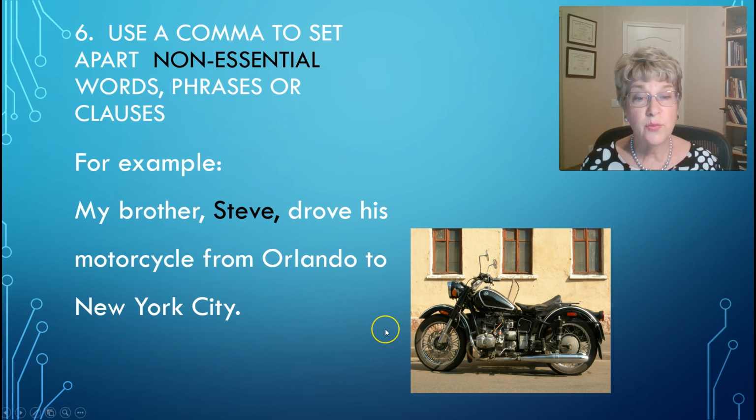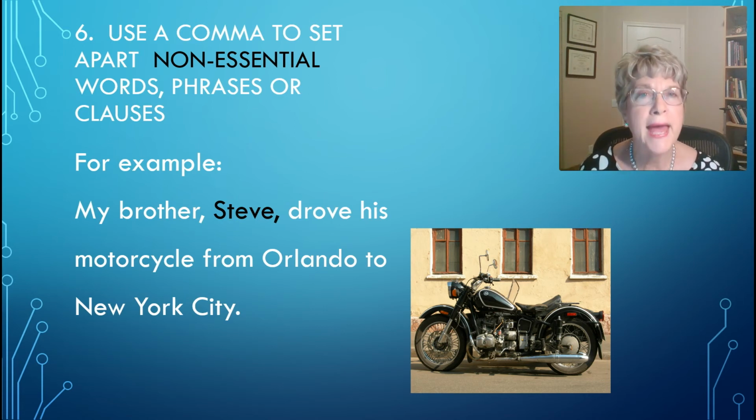Okay, the 6th way that we use a comma is to set apart non-essential words, phrases, or clauses. Now, what we mean by non-essential is it's not essential grammatically. The sentence will still make sense without this little insert here. So here's our example.